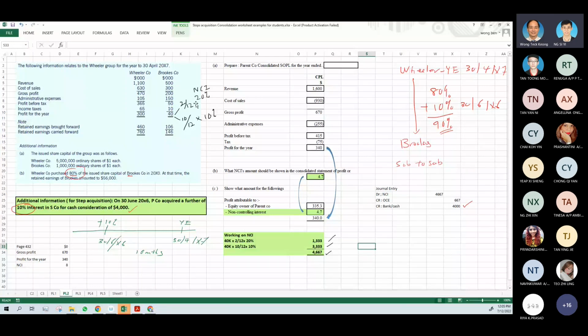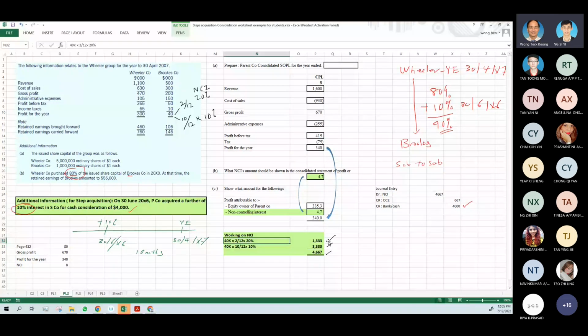So in other words, here we need 2 months at 20%, 2 over 12 months. But you end at 30th April, so only May and June will be 20%. The other 10 months is 10%. So you bought a further 10% from S. So the NCI will be 40,000 times 2 over 12 at 20%, so 133.